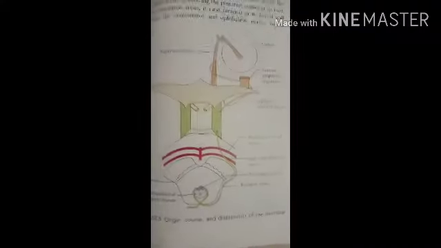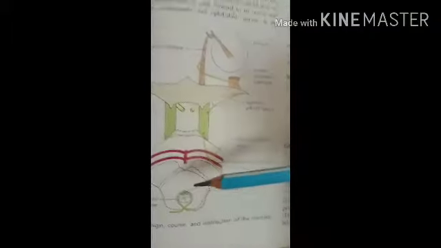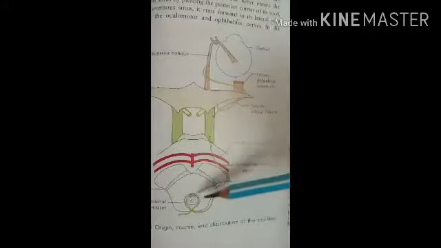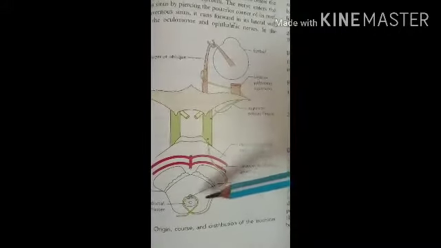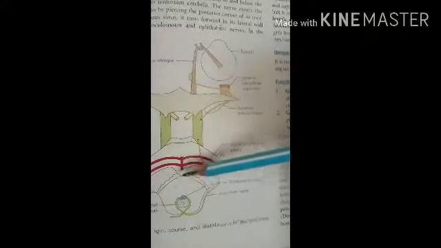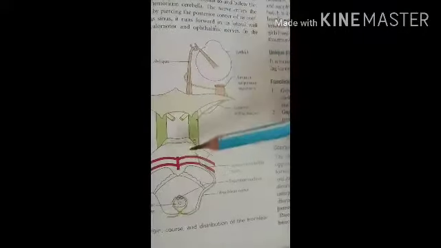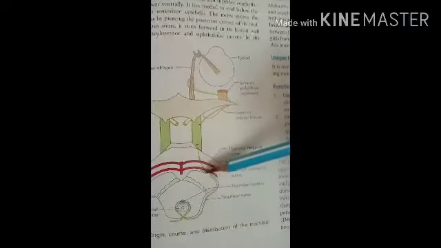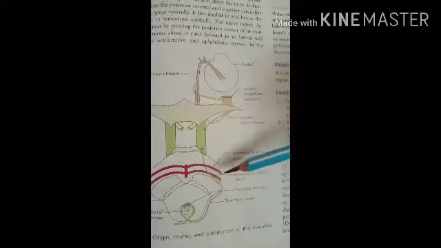In this diagram you can see the trochlear nerve arises from the dorsal aspect of the midbrain, one on either side of the frenulum veli. After emerging from the brain, the nerves wind around the superior cerebellar peduncle.